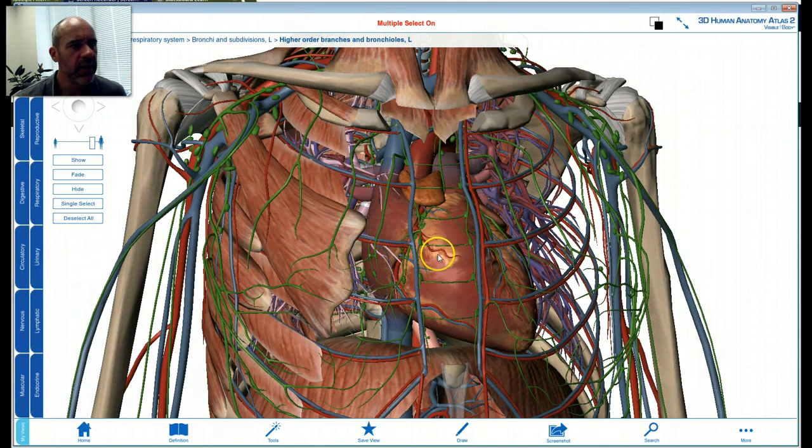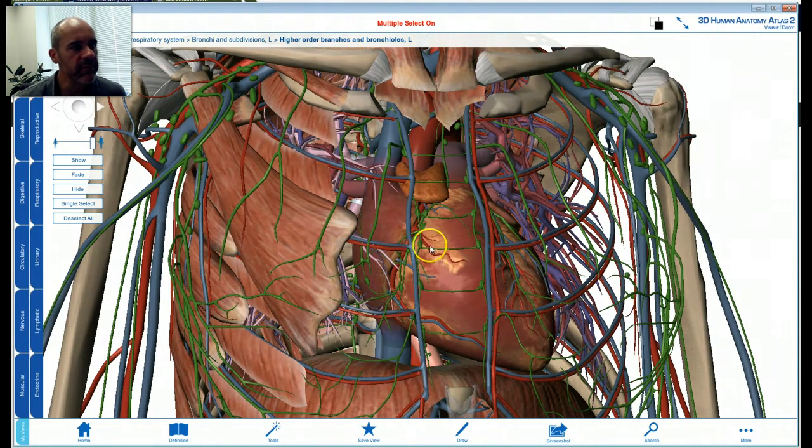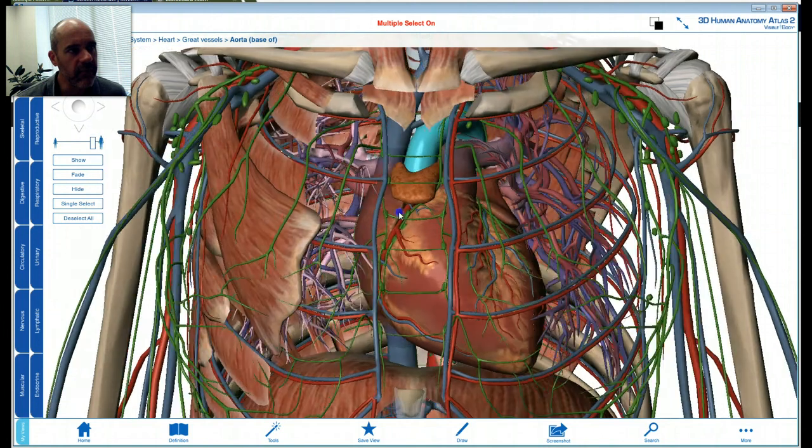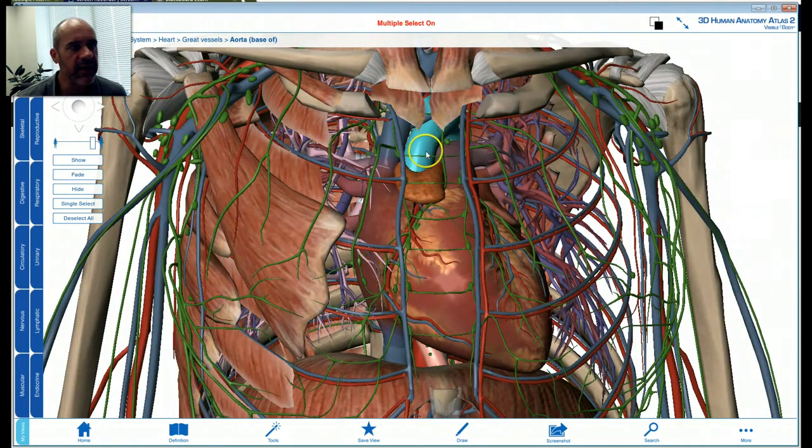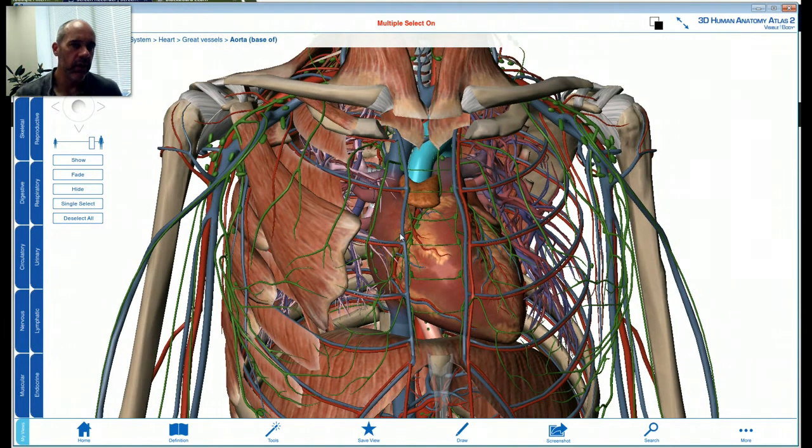But there's your heart, right there in the center. And then I want to draw your attention to some of the major blood vessels that connect into the heart. This big red one you see up here, everything that I've got highlighted in blue, that is the aorta. Your heart has two jobs.